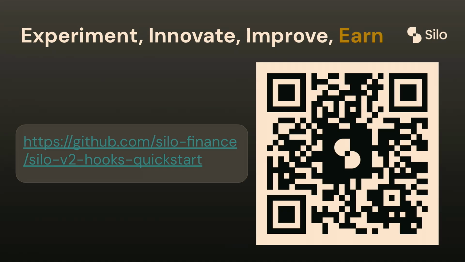So this is the biggest takeaway from the hooks and from this North Star idea that we got. With a very small amount of effort, you can now literally fork Silo without forking Silo, right? You can fork Silo without having to deal with all the deployments, all the challenges, and all the security assumptions that you're supposed to know.